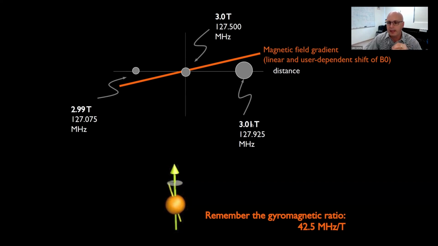And because the magnetic field strength is a little bit higher on the right-hand side, we are precessing at a slightly higher frequency on the right-hand side than on the left-hand side.